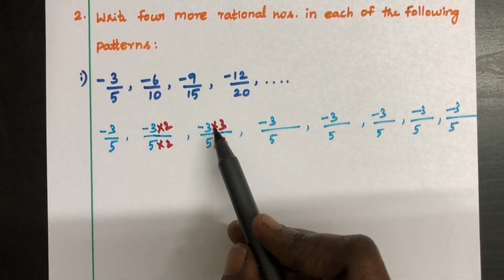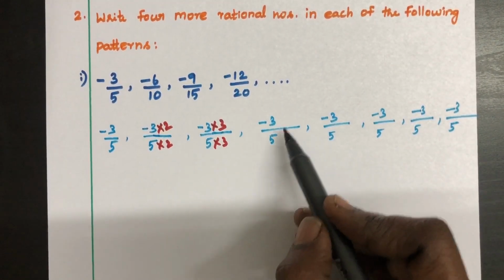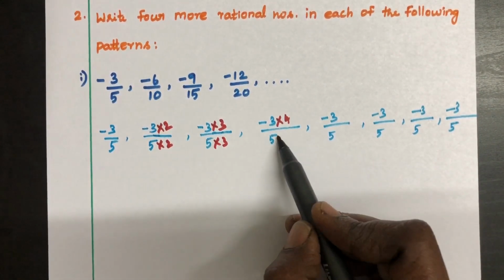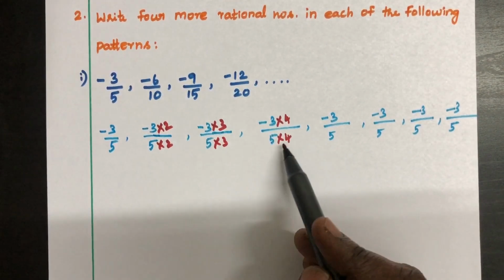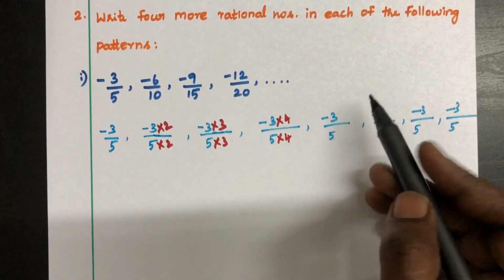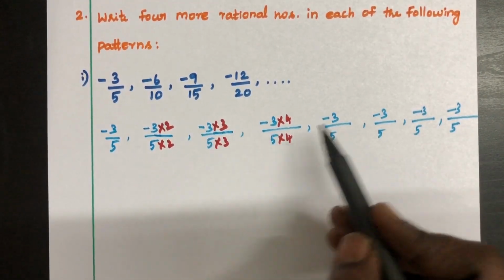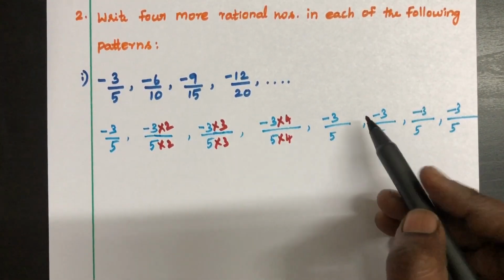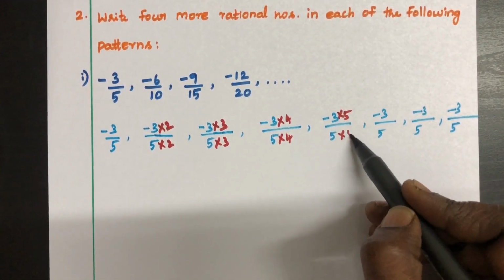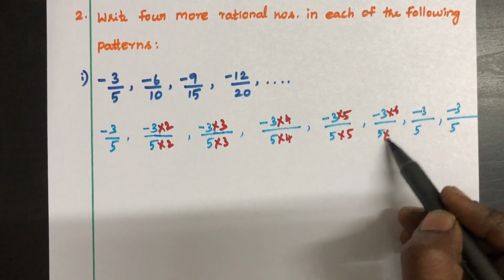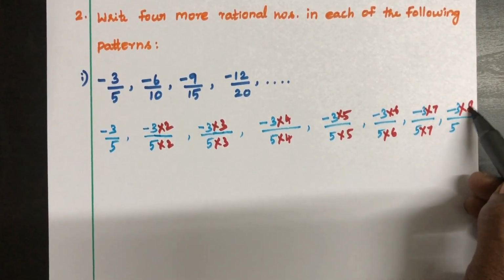Like this, minus 3 into 3 is minus 9, by 5 3s are 15. Here what have they done? Into 4, into 4, here also into 4. Minus 3 into 4 is minus 12. This is 20, 5 4s are 20. So obviously the next 4 rational numbers must use the next consecutive multiplication numbers. If this is 4, this must be 5, this must be 6, this must be 7, and this must be 8.